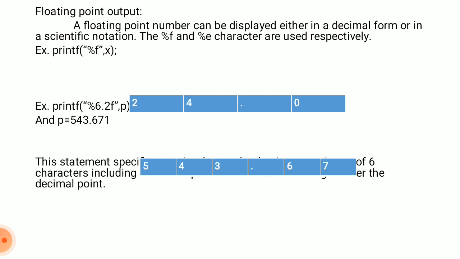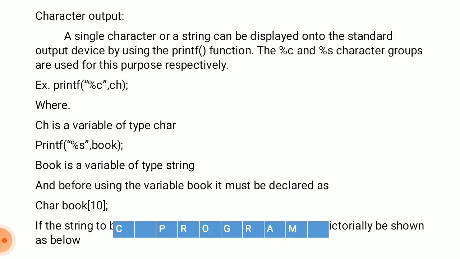So it will consider only 2 digits, that is 6 and 7. It will not consider the last digit 1, because the field width is 6 and we are trying to print 7 digits. That is not possible, meaning whatever format we have taken, only in that format will the numbers be printed.